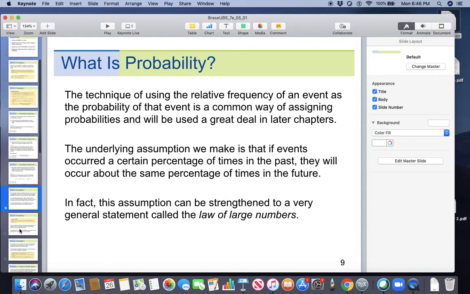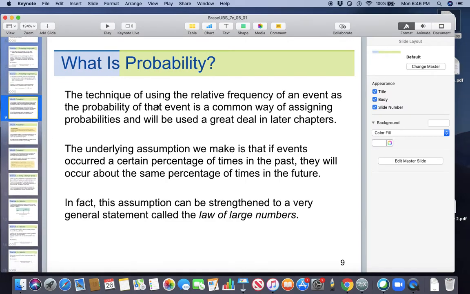Now, the technique of using the relative frequency of an event as the probability of that event is a common way of assigning probabilities and will be used a great deal in later chapters. So using relative frequency as the probability of that event is the most common way.